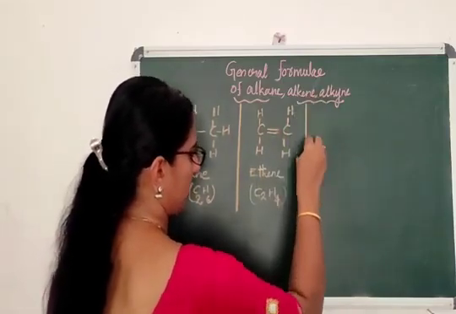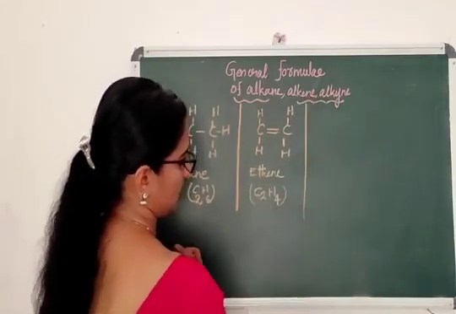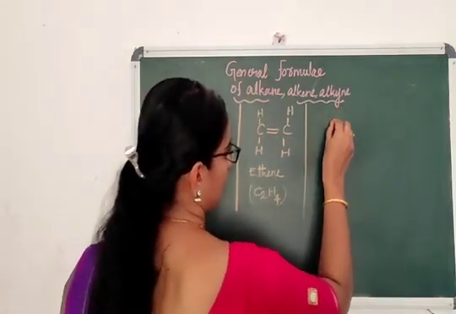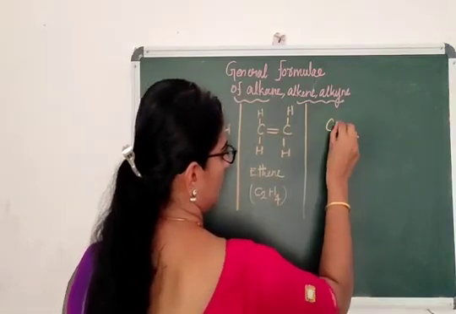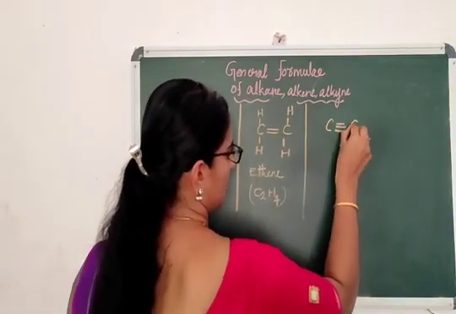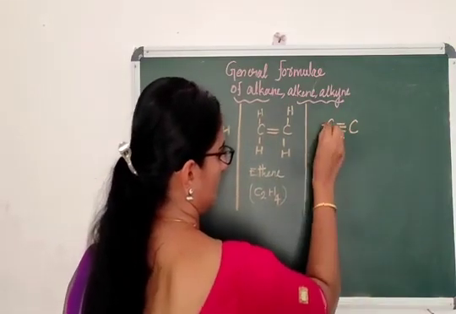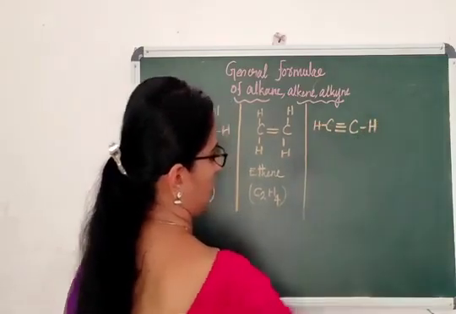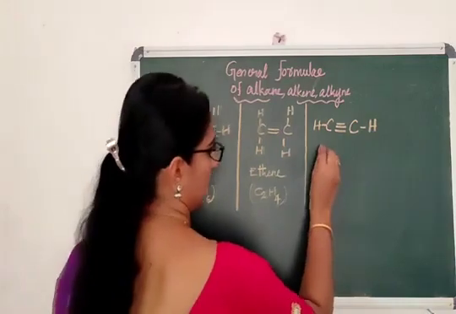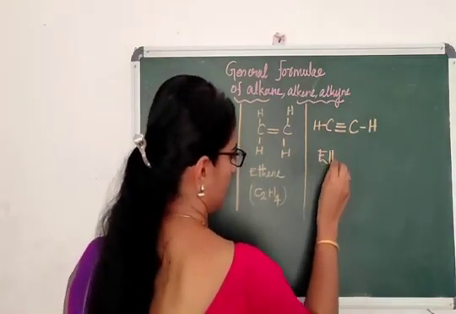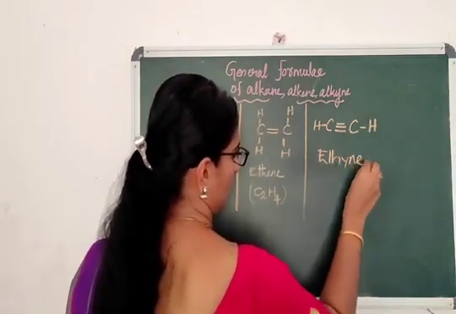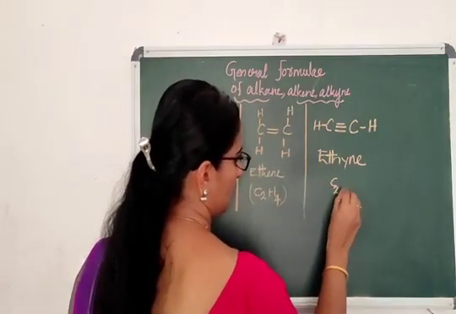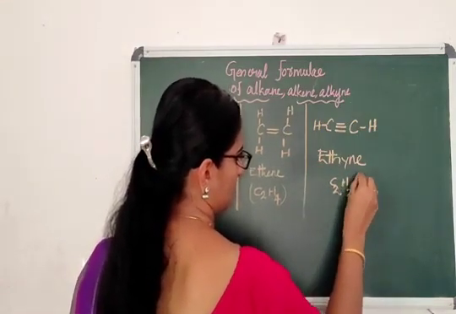Just count the number of carbon and hydrogen, then you will write the chemical formula. And coming to the alkyne, if you take the first member, it is ethyne, already triply bonded, and one hydrogen remains to satisfy each valency. It is ethyne, the first member of the alkyne series, and the chemical formula is C2H2.